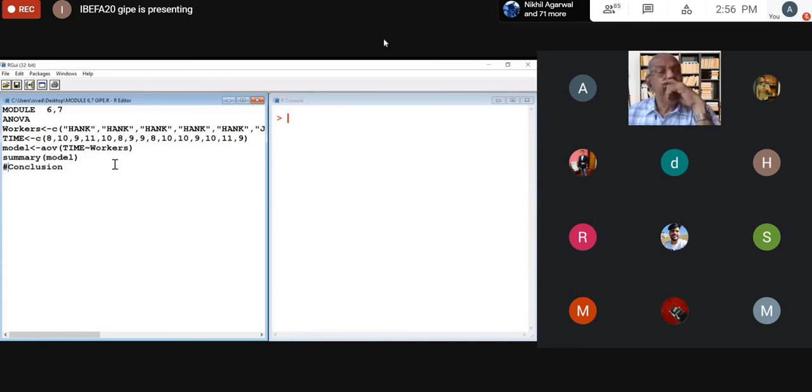Workers: Hank, Joseph, Susan. Corresponding data. AOV function. And obviously your hypothesis will be all of them are equal.